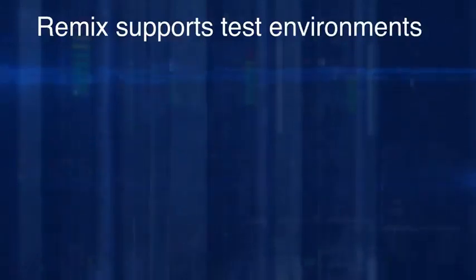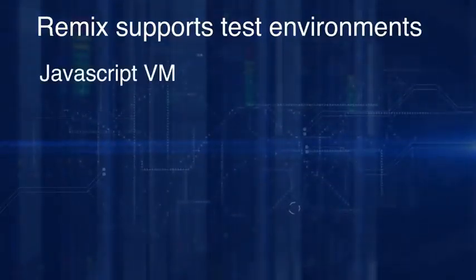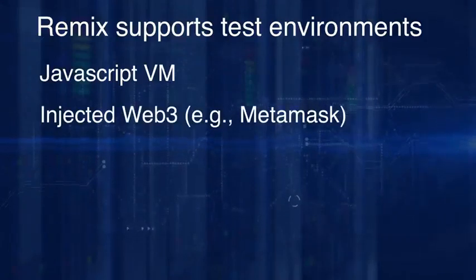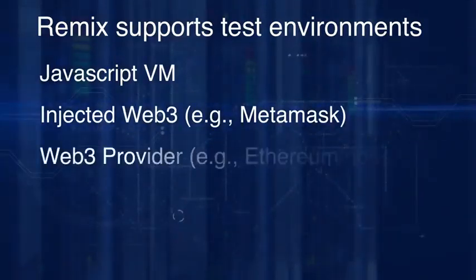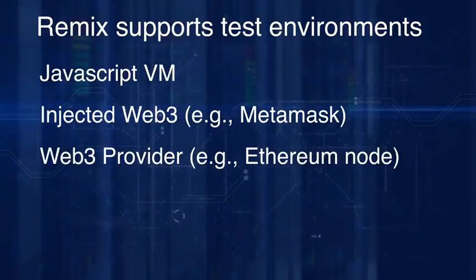Most of all, it works without any software installation on your computer. Remix supports 3 runtime test environments: JavaScript VM, injected Web3 like MetaMask, and Web3 provider, for example, your locally running Ethereum node. We'll use only the JavaScript environment for this module.